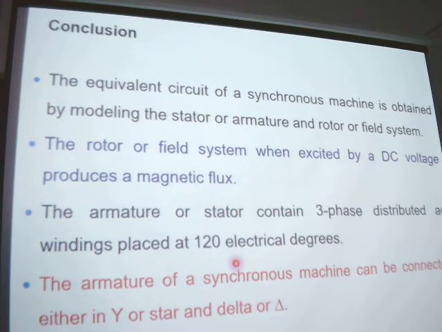So let's have a simple conclusion of the equivalent circuit of a synchronous machine.